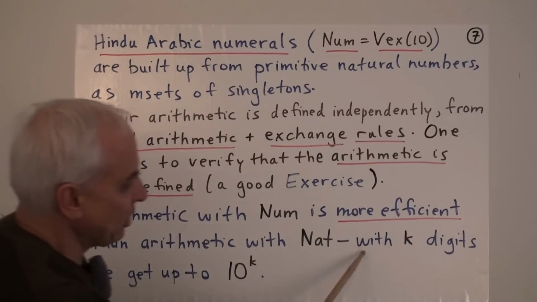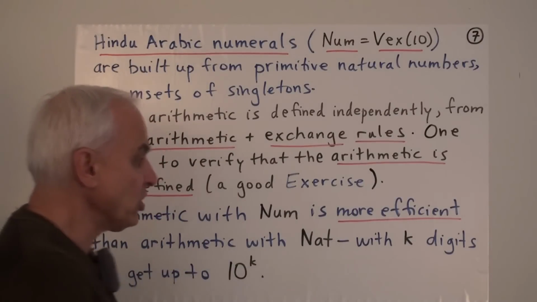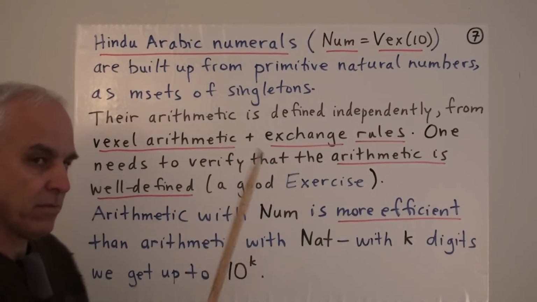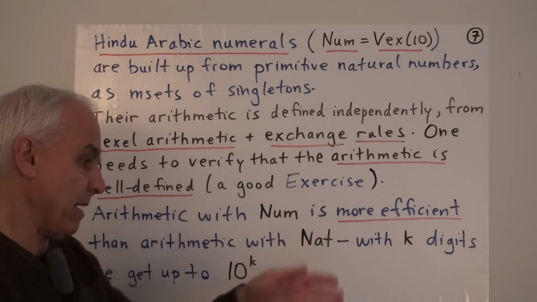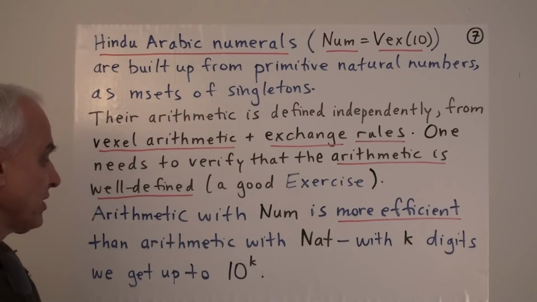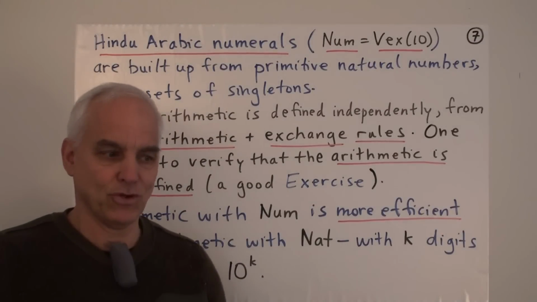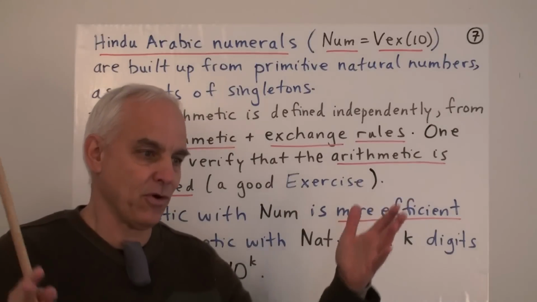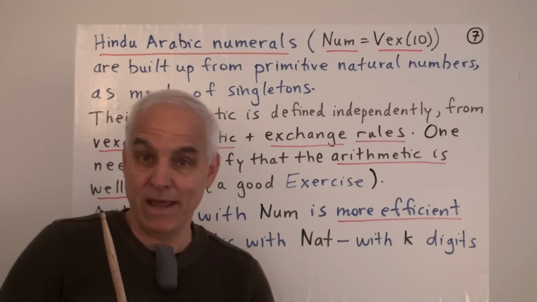And it allows us to deal with a lot bigger quantities. So if we have k digits available on a piece of bark, with natural numbers we can only get up to essentially k, but with these Hindu Arabic numerals we get up to essentially 10 to the k. So the possibilities for having arithmetic with bigger numbers is vastly expanded.